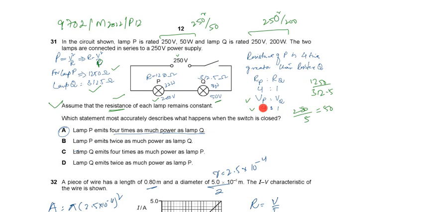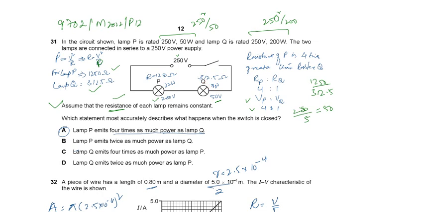If we divide 250 by 5, we get 50, so each ratio part is 50. So if Q gets 50 volt, P gets 4 times that, 200 volt. Got it? So 4 is to 1 is like this.